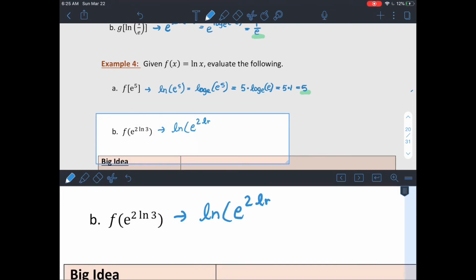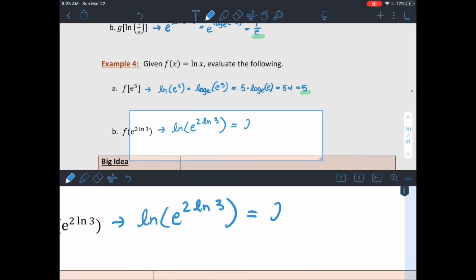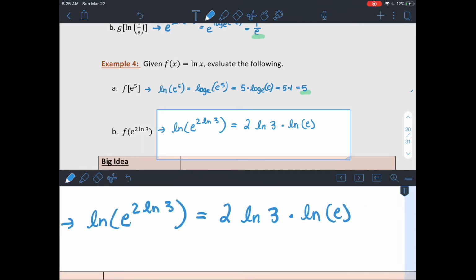So you're doing natural log of e to the 2 natural log 3 power. The base is going to be the same as your natural logarithm. You could bring 2 natural log 3 out in front and multiply by it if you want to, and you would just end up with 2 natural log of 3 times 1, because e raised to the first gets you e.